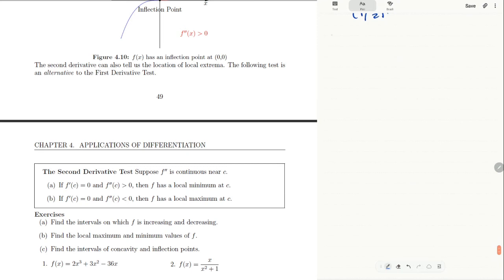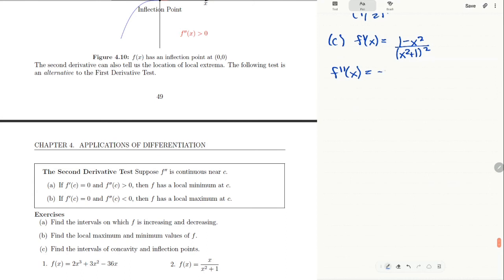Now for the third part, the intervals of concavity and inflection points, you will need the second derivative. Our first derivative was 1 minus x squared all over x squared plus 1 squared. So we'll use another quotient rule to find the second derivative.